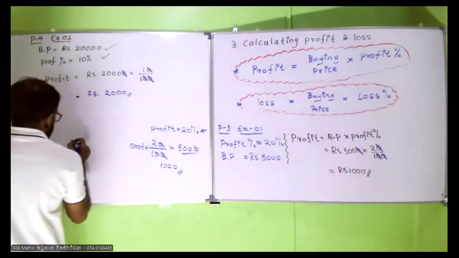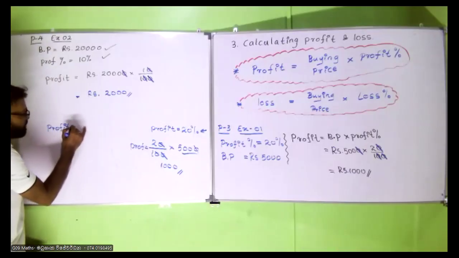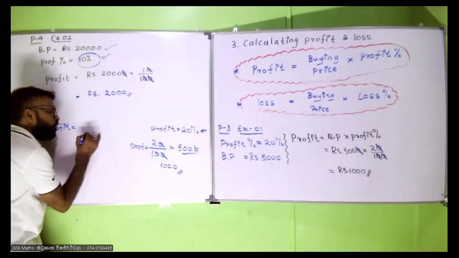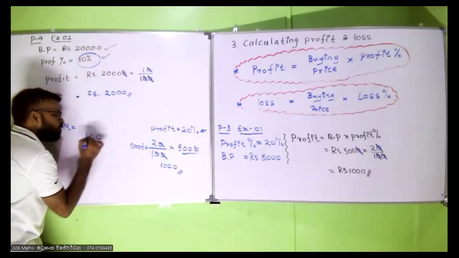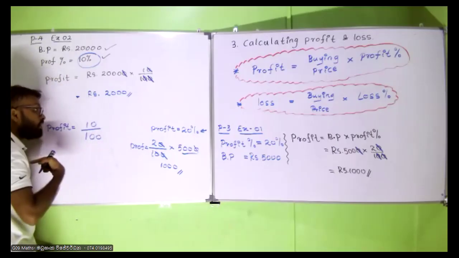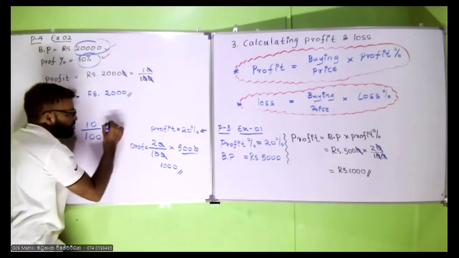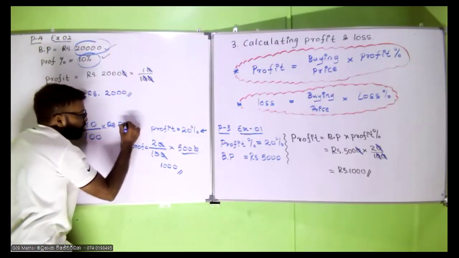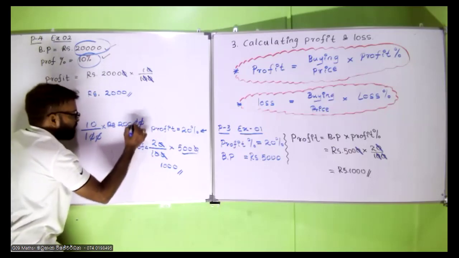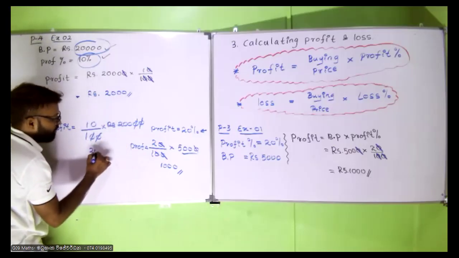Profit percentage is 10%: for each and every 100 rupees I am going to keep 10 rupees with me. So how much for 20,000 rupees? Zero to zero, zero to zero, done. 10 into 200, 2,000.